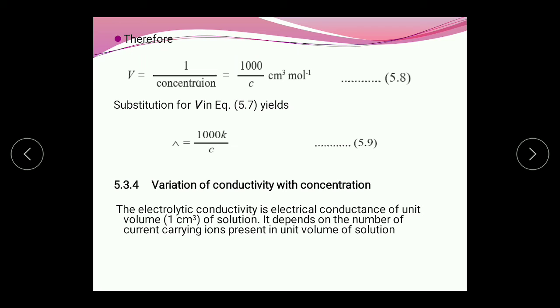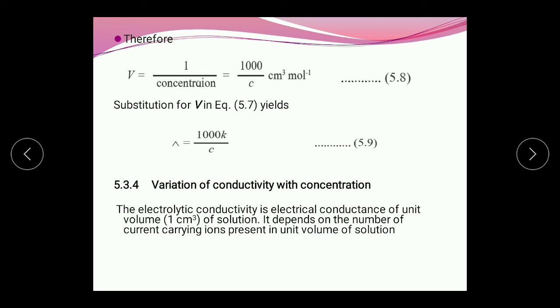Now, again, we are going to learn about variation of conductivity with concentration, how the conductivity changes with concentration, as well as variation of molar conductivity with concentration. Now, the electrolytic conductivity, again the definition we'll just learn.